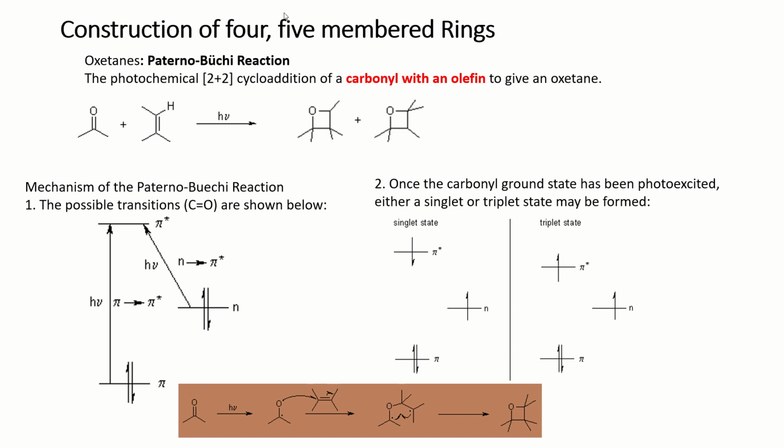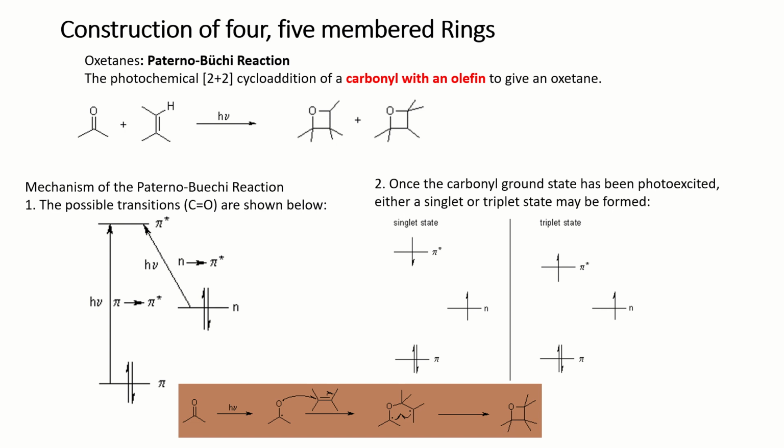Once these excited states are formed, either the singlet or triplet state may combine to form the cyclic compounds. Especially the singlet state is very short-lived, and they combine through n to pi star or pi to pi star transitions, and these transitions are rationalized by invoking diradical intermediates.